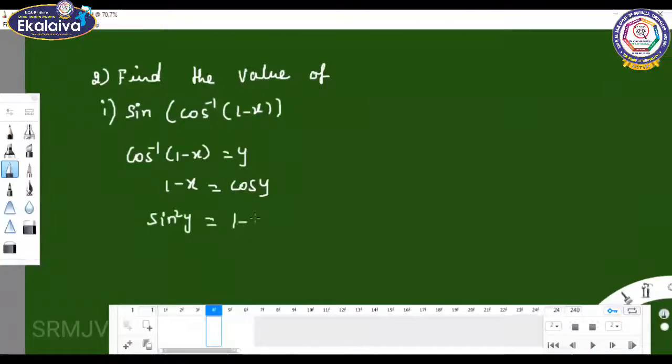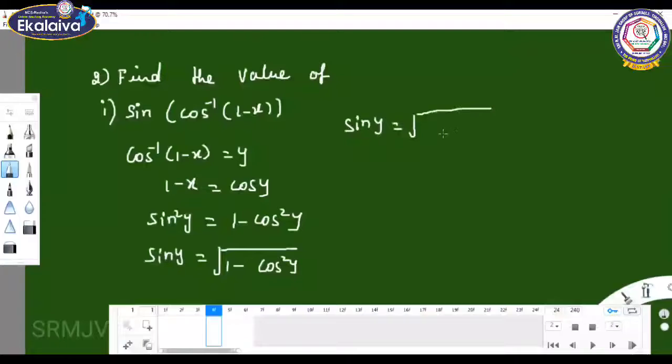Sine square y equal to 1 minus cos square y. So sine y equal to root of 1 minus cos square y.